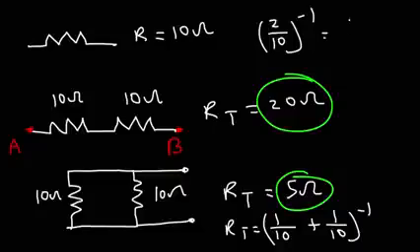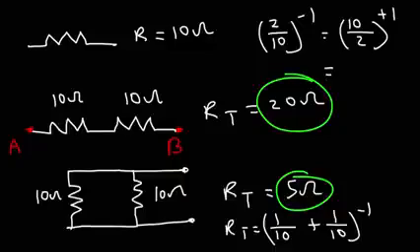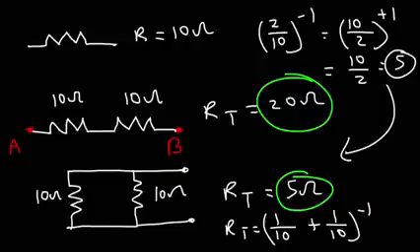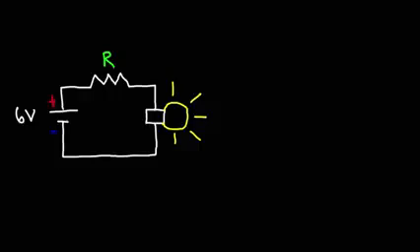If you flip the fraction, the exponent will change sign. It will change from being negative 1 to positive 1. 10 over 2 to the first power is simply 10 over 2. And 10 divided by 2 is 5. And so anytime you connect 2 identical resistors in parallel, the total resistance will be half of their respective values.